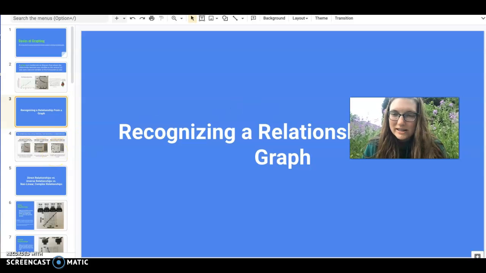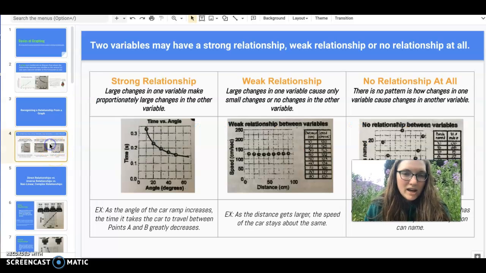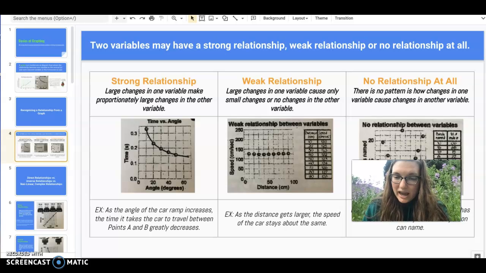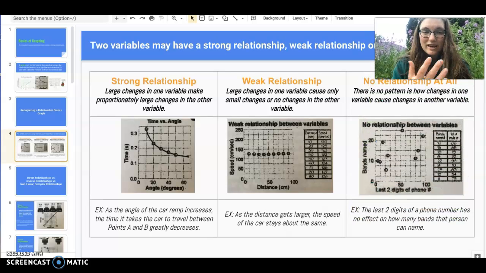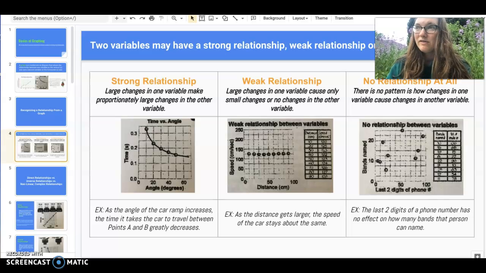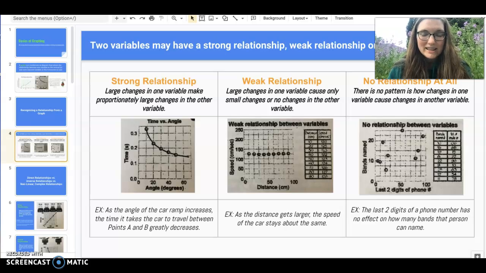So, recognizing a relationship from a graph. When you're looking at data, you want to determine: is the x-axis affecting the y-axis? Is one part of the data affecting the other? Does it matter what day it is when I'm thinking about how many hot dogs are going to be sold?